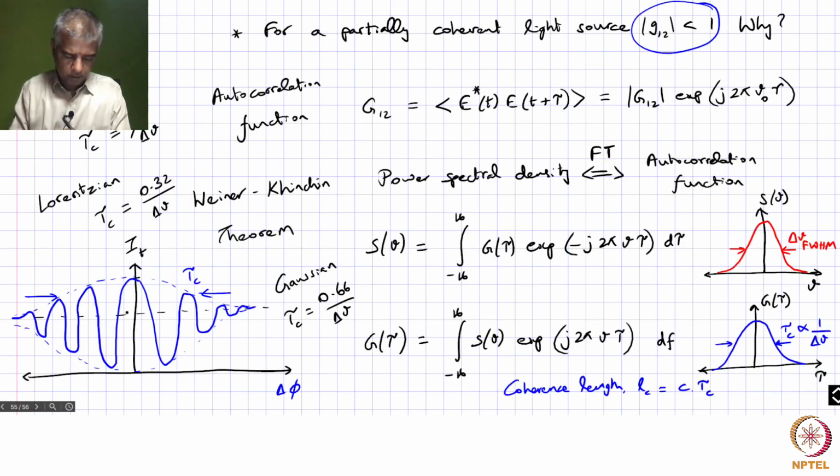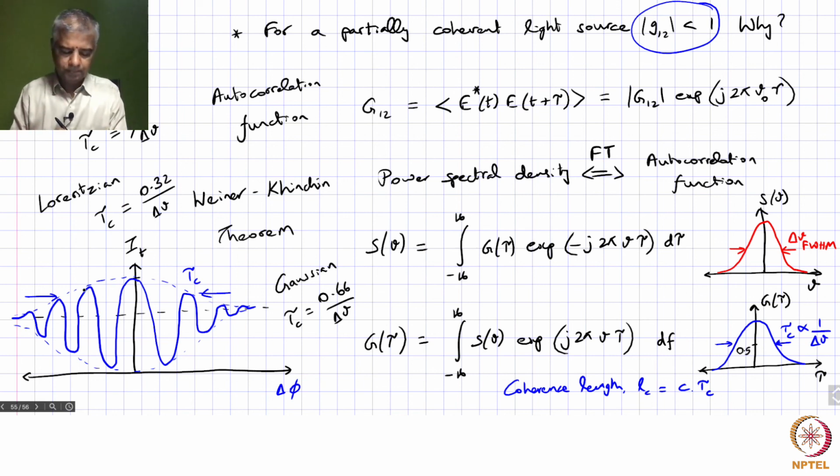the interference fringes go down by a factor of half, because coherence length corresponds to the path length difference where this envelope falls down to half the value.